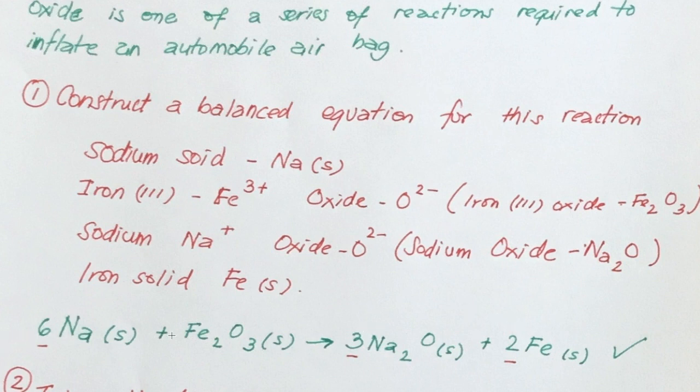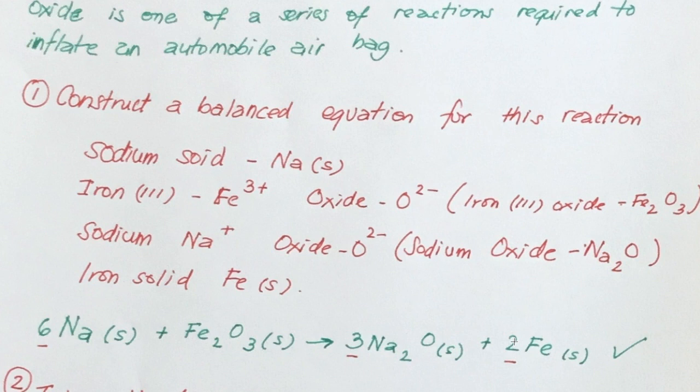This, of course, is just a ratio. If in actual fact you don't have 6 moles, but you have 3 moles, then you're going to have a corresponding reduction in this. So if this is reduced by 6 divided by 3, which is a half, this would be reduced by 1 divided by 2, which will be 0.5 moles here. Then you'll get 1.5 moles here and 1 mole here.